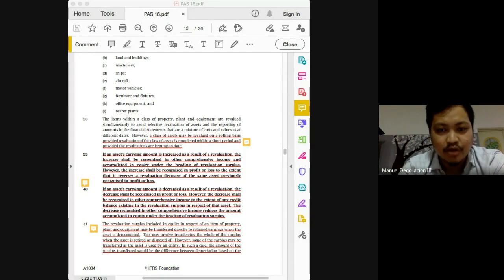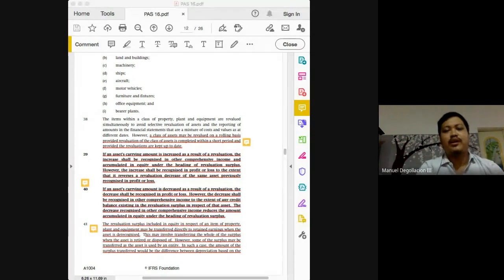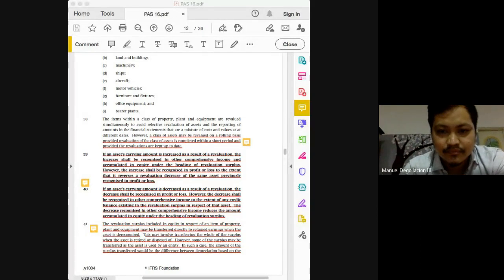So basically the second portions of paragraph 13 and paragraph 40 tell you what to do during subsequent revaluations, class. During the first revaluation, very simple. If it increases, revaluation surplus. If it decreases, impairment loss. It gets confusing when you are now on the subsequent revaluation cycles, class.